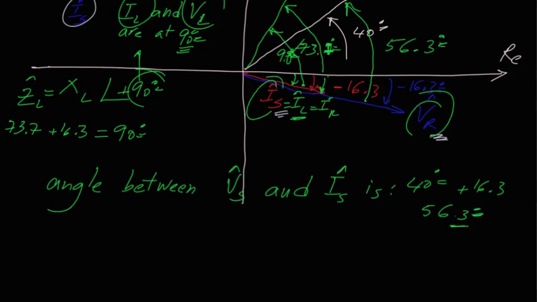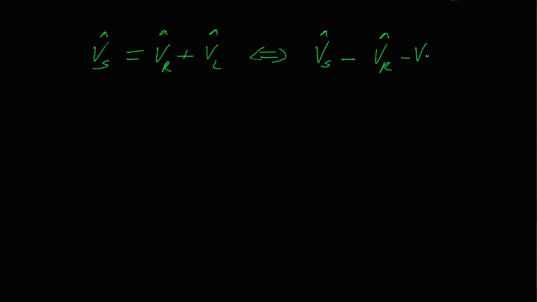Now, there's something in here that, technically speaking, if everything was done to scale, I would have found out, and this is it. If things were done properly, then I would have found out that VS is VR plus VL. Or in other words, if I take the algebraic sum of VS minus VR minus VL equals 0.